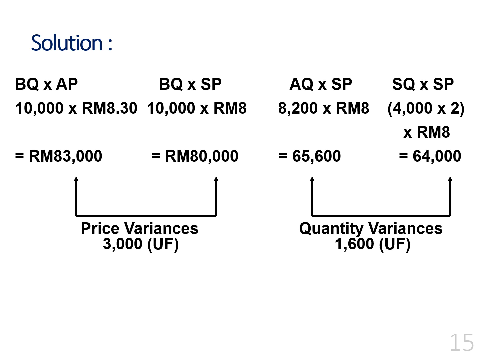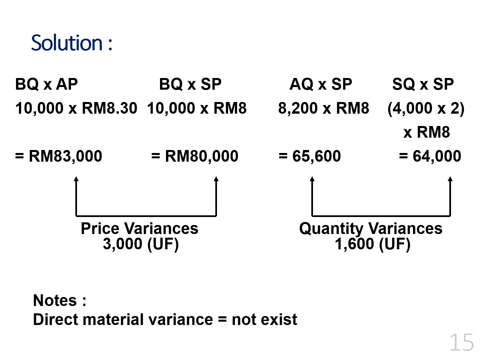For quantity variance, 65,600 minus 64,000 equals 1,600. But because SQ times SP is lower than AQ times SP, we get unfavorable. Note: there is no direct material variance in this case.